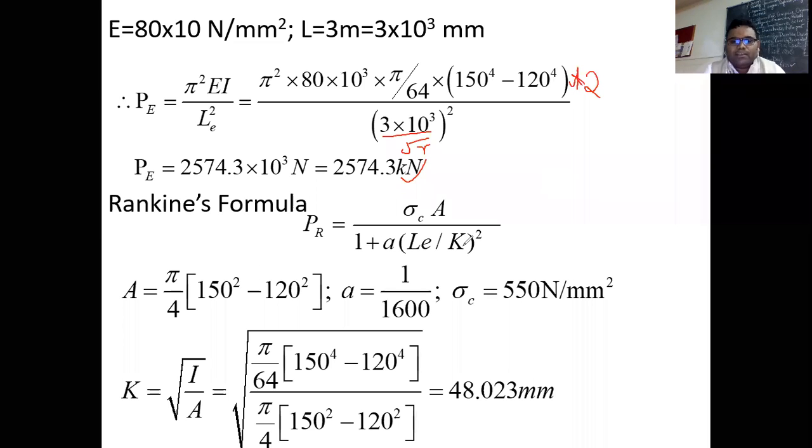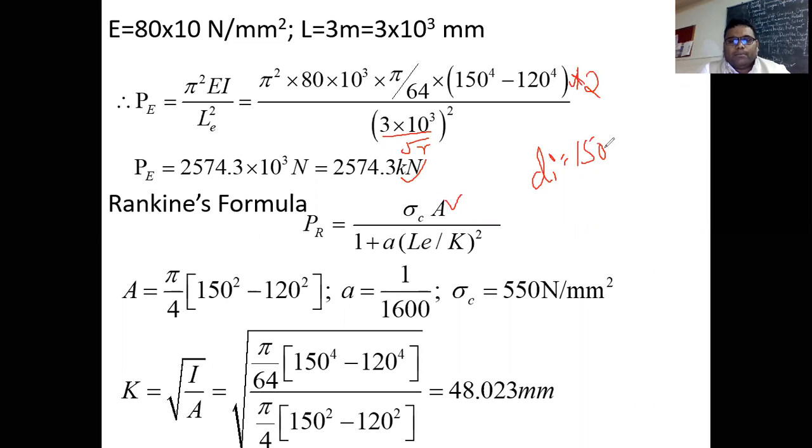You all know that. So we need to calculate A, the cross-sectional area of the column. We have the formula pi by 4 into (D outer square minus d inner square). I already explained how to calculate the d inner. You can say that d inner is equal to d outer minus 2 into thickness.